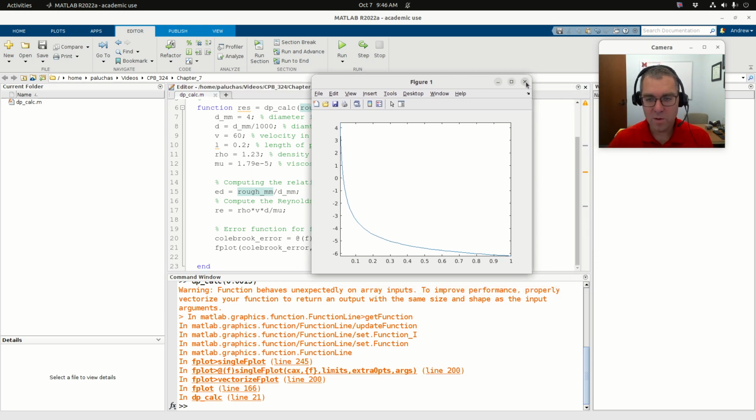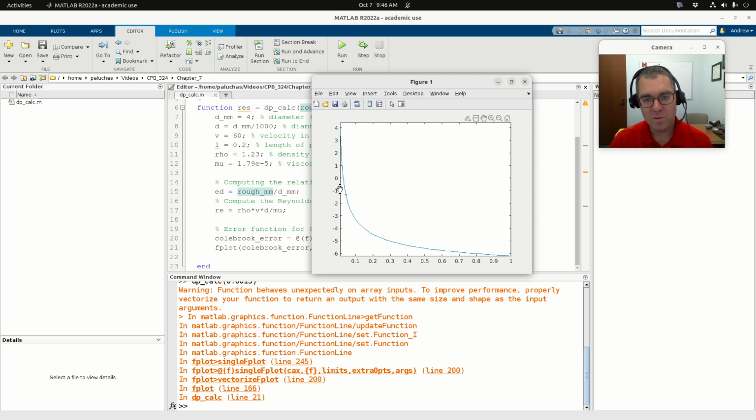So what I think I'm going to do though in terms of the range is to make this general, because we might want to look at other friction factors as well. Looks like as the relative roughness increases, my friction factor is going to increase, and as my relative roughness decreases, my friction factor is going to decrease.